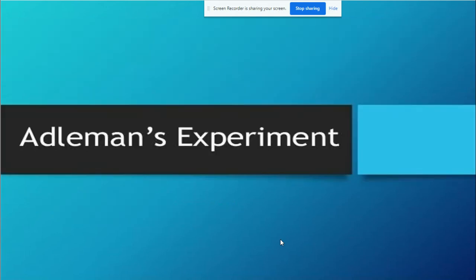Now we move forward to Adleman's experiment. The experiment is about a salesman who is moving through different cities, but he can't cross the path of each city twice. The experiment speaks of how we compute with DNA in a network of cities where the salesman struggles.